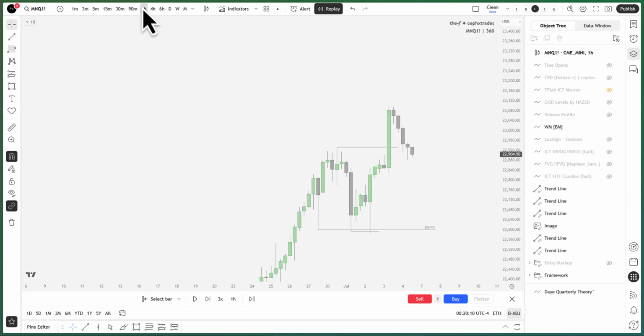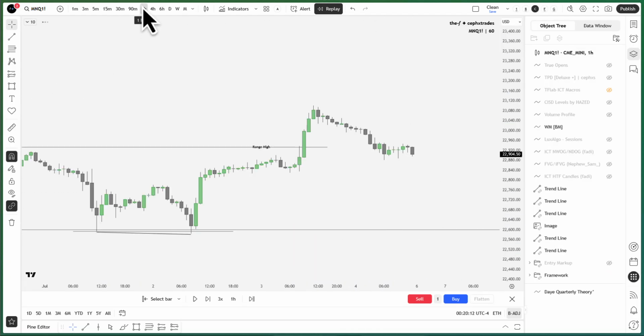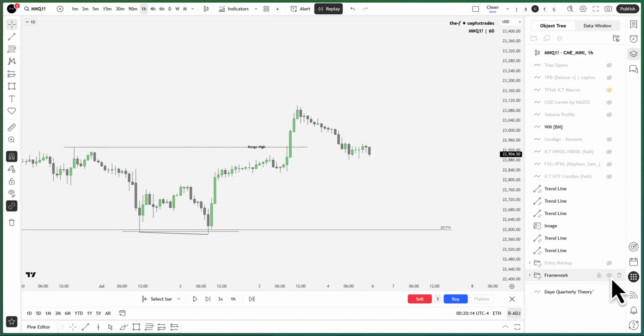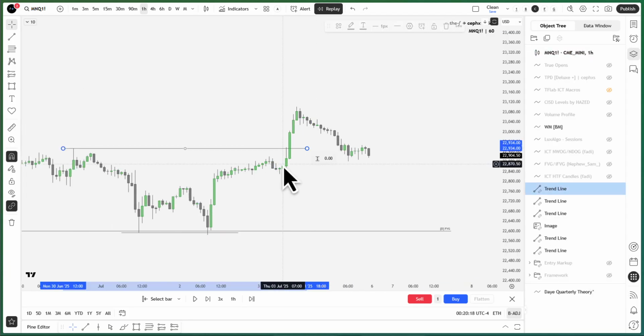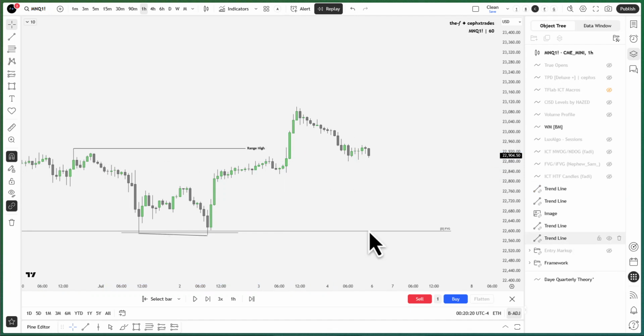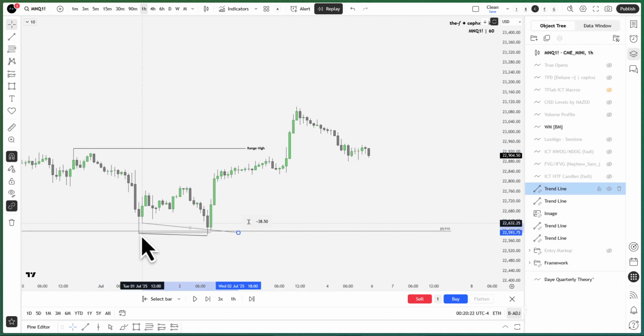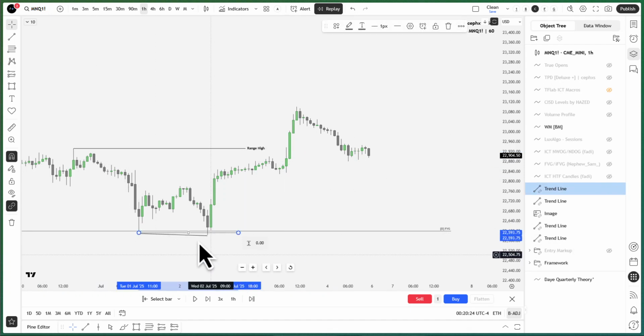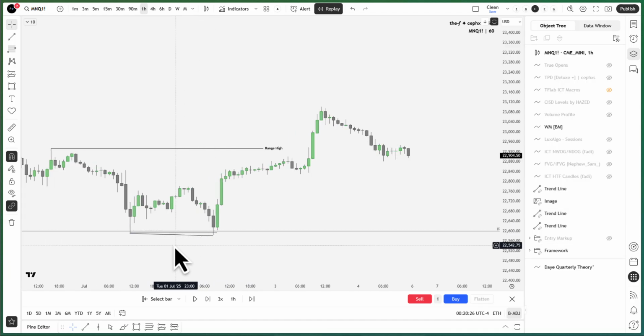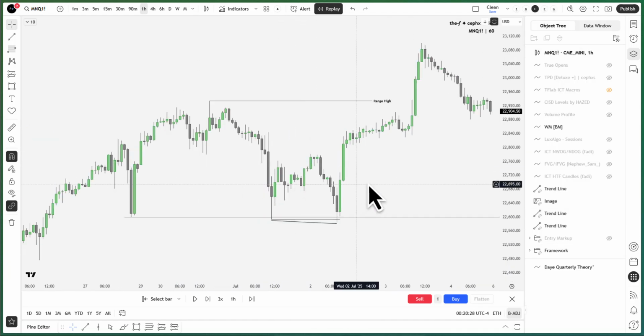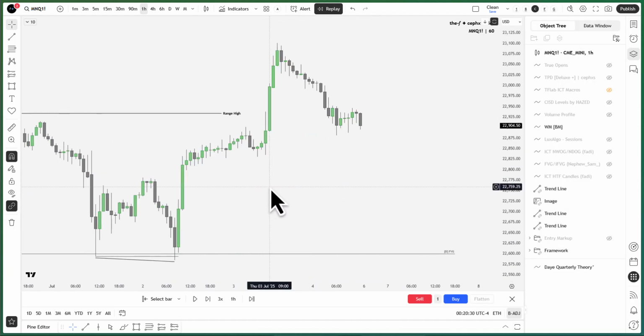If you go down to the 1 hour chart, we have the rest of our framework, right? Where we have the SMT at the lows, and we can take that out because it's not as important as the rest of the stuff in this setup.